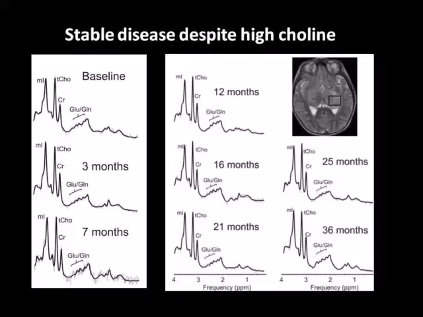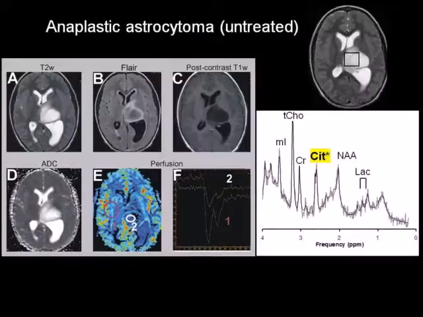It has limitations. This is an example of a bithalamic astrocytoma that we've been following for months, where the choline to creatine ratio is fairly high, but there's been stability over time. And then this is an example of a bithalamic astrocytoma that had very similar choline to creatine, but did progress in a much shorter period of time and had low perfusion at diagnosis.